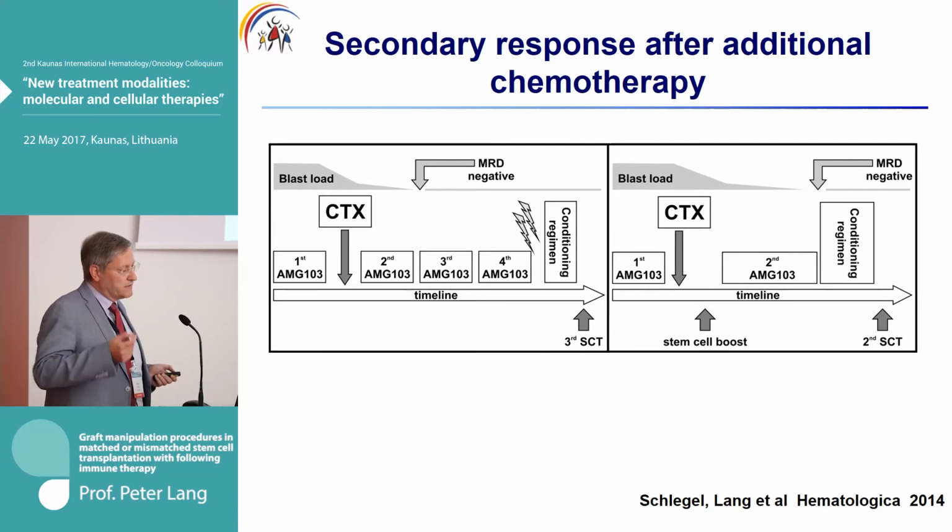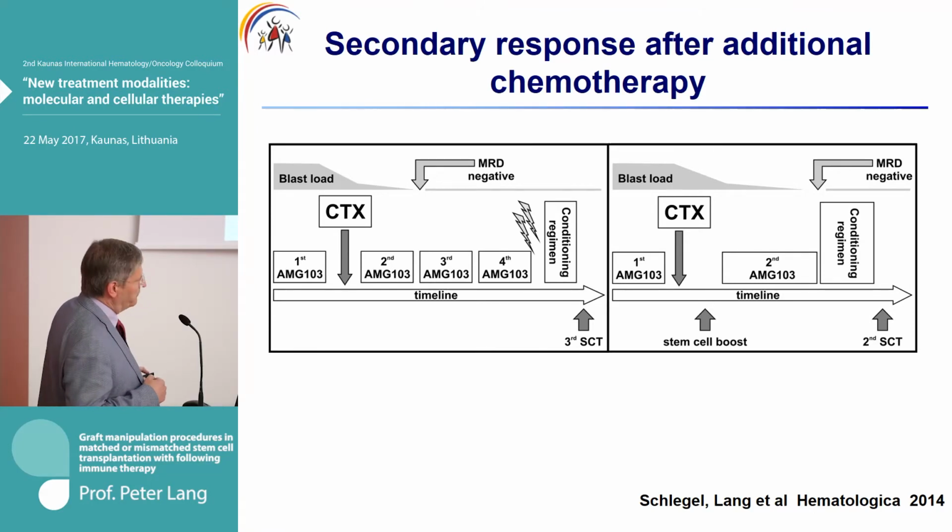This is an interesting observation. In 2 patients, we found a secondary response after additional chemotherapy. Both patients first did not respond to blinatumomab. As you can see here, the blast load could not be reduced. Thus, we decided to stop the blinatumomab infusion, and we gave another chemotherapy at that time.